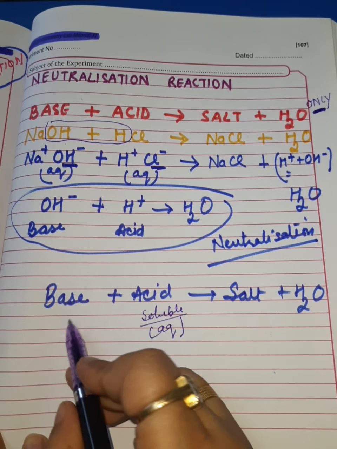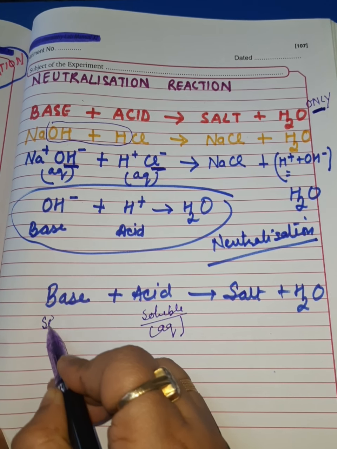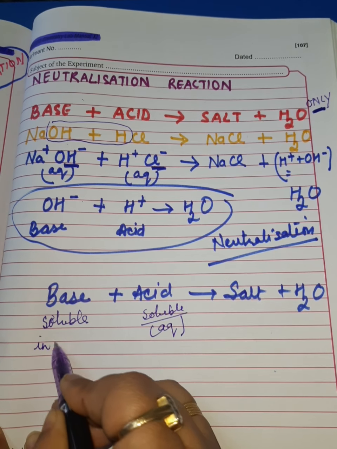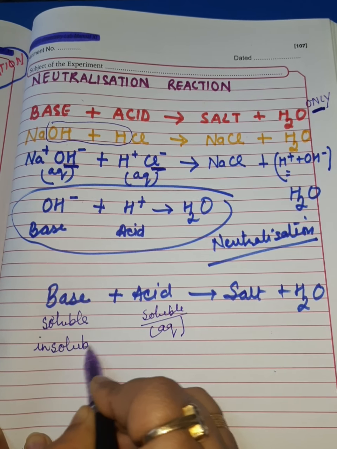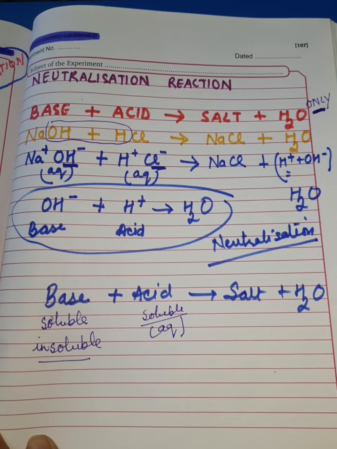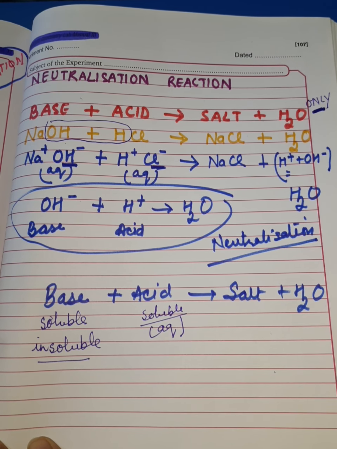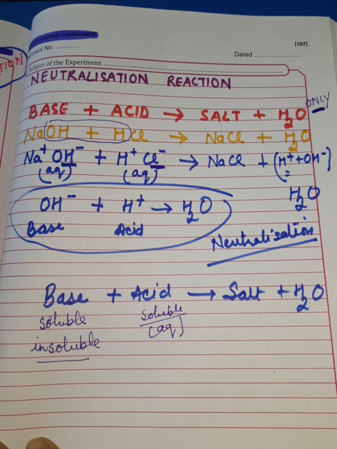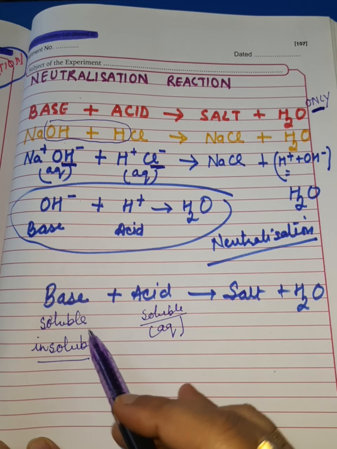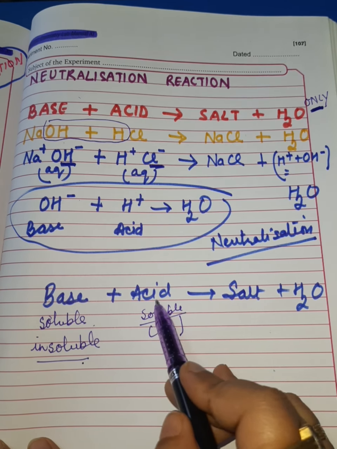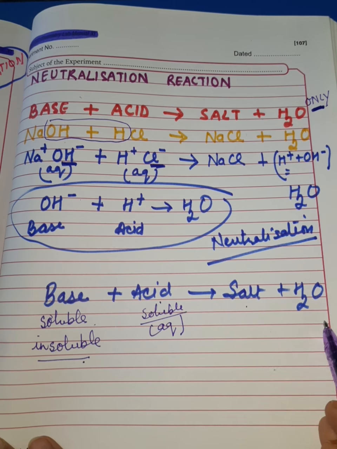But bases are of two types. Bases can be soluble or bases can be insoluble as well. So I can say that neutralization reaction is a reaction in which a soluble base or an insoluble base reacts with acid to form salt and water.